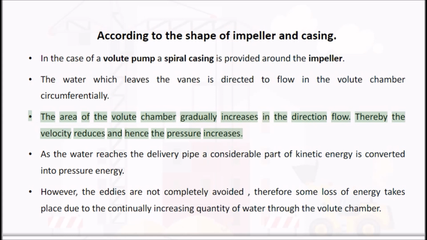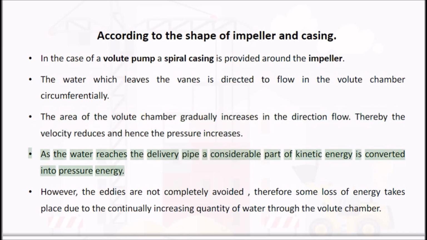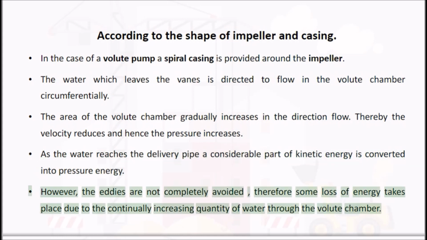Thereby the velocity reduces and hence the pressure increases. As the water reaches the delivery pipe, a considerable part of the kinetic energy is converted into pressure energy. However, the eddies are not completely avoided, therefore some loss of energy takes place due to the continually increasing quantity of water through the volute chamber.